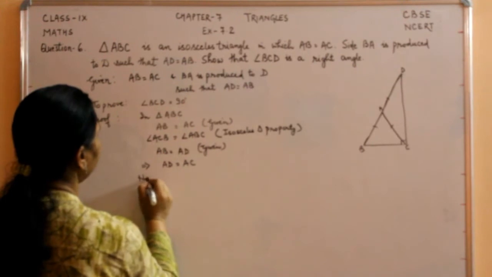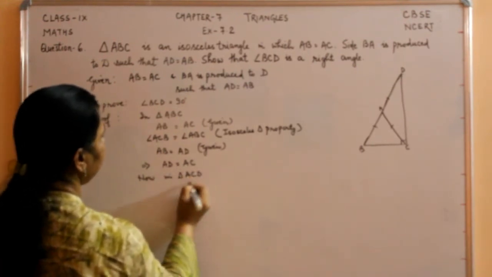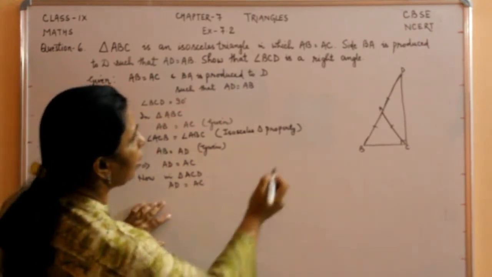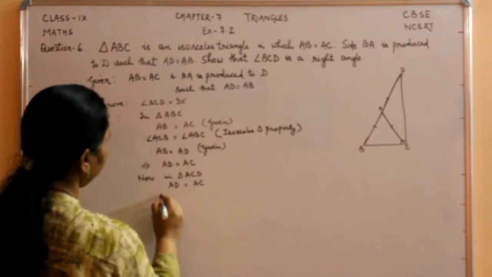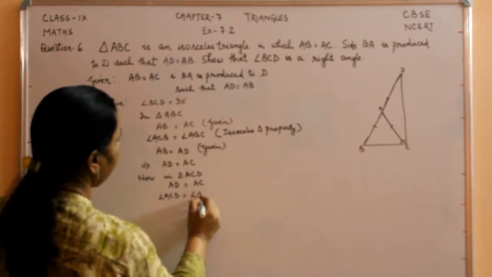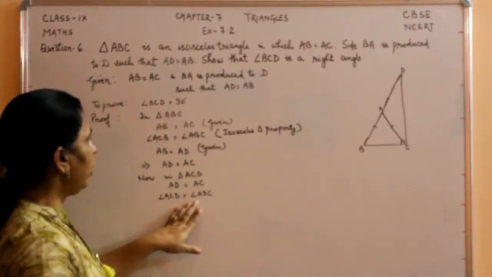Now, in triangle ACD, since AD is equal to AC, therefore the angle opposite to AD, angle ACD is equal to angle ADC.